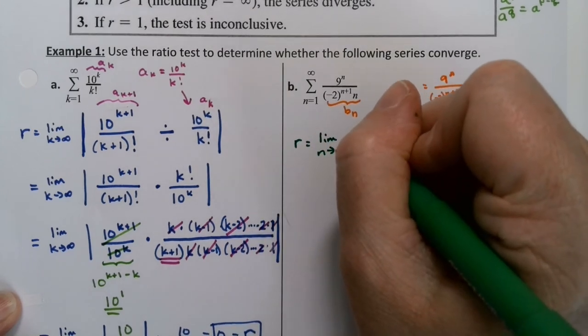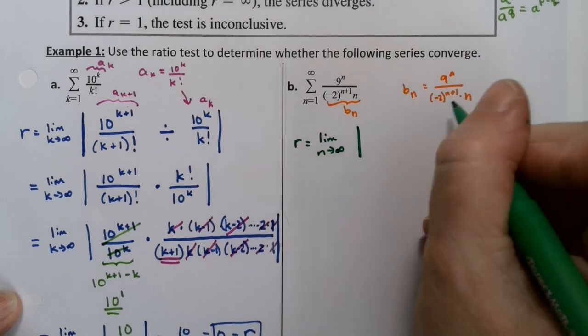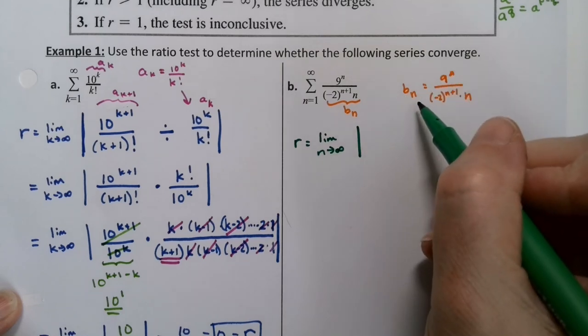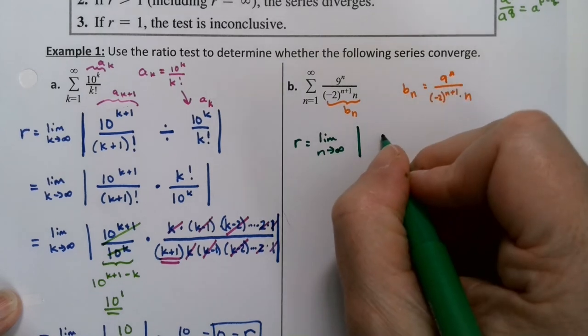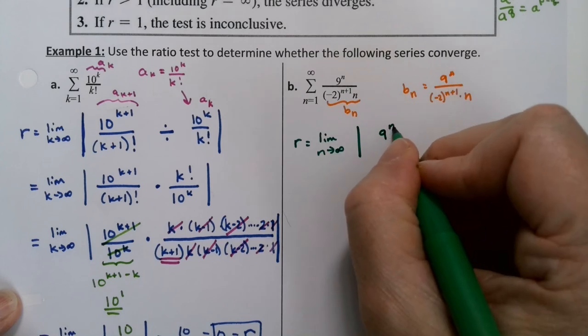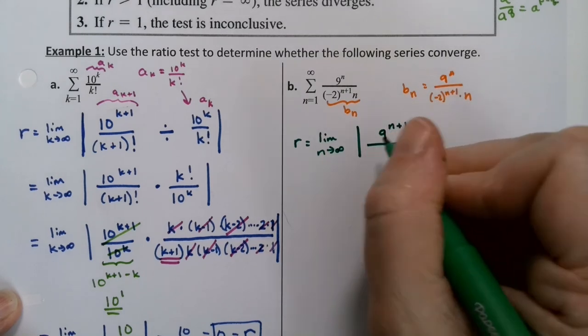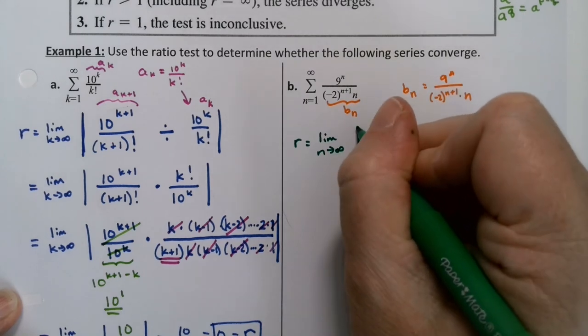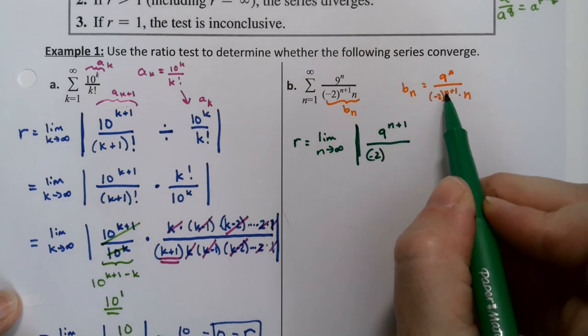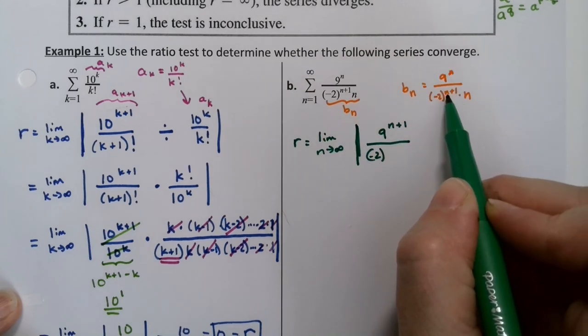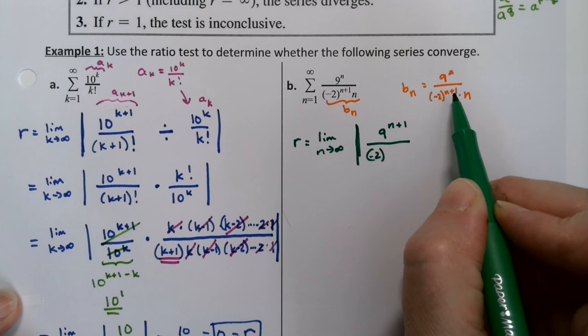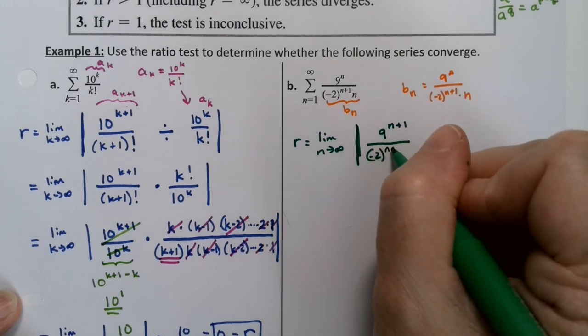And then I'm going to take b sub n plus 1. So I need to take 9, instead of to the n, it's to the n plus 1, over negative 2 to the n plus 1 plus 1. So that n becomes an n plus 1, and n plus 1 would be n plus 2.